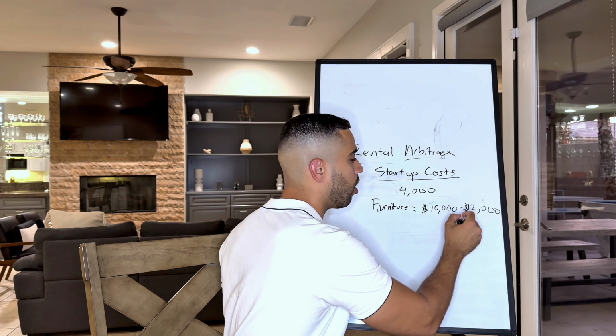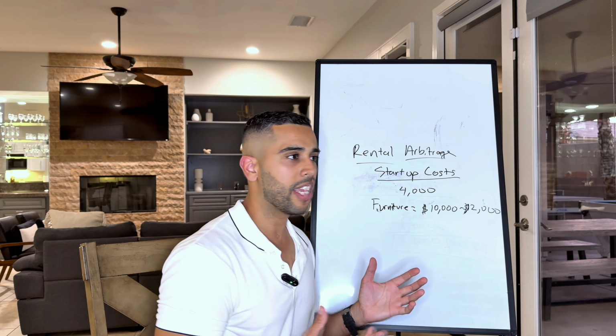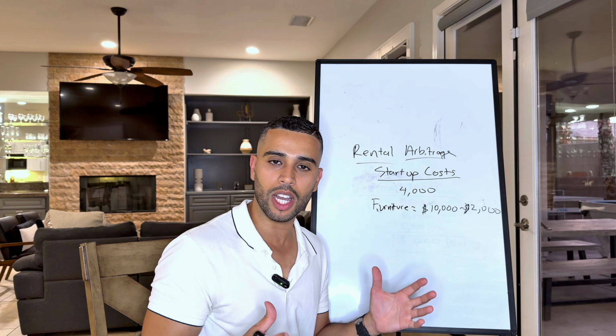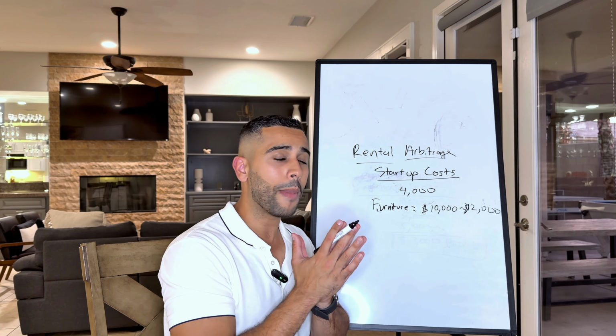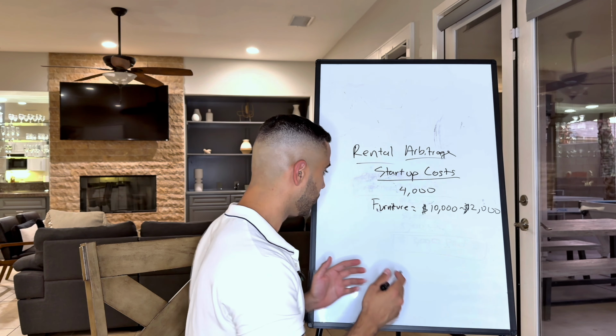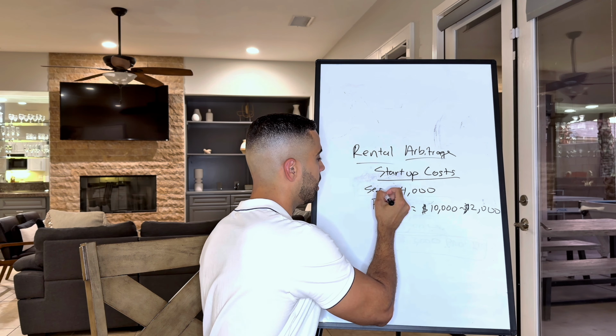And again, depending on the size of that property, that could vary a little bit. And you always want to go all out on your amenities because in 2025 and beyond, Airbnb has changed and everything needs to be dedicated to maximizing and having the best amenities at your property.